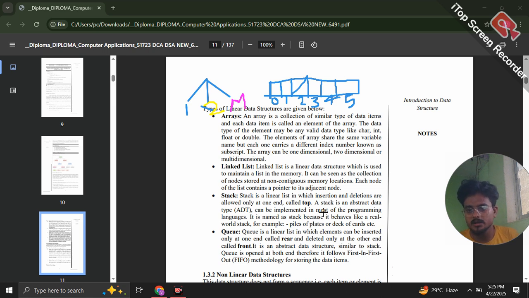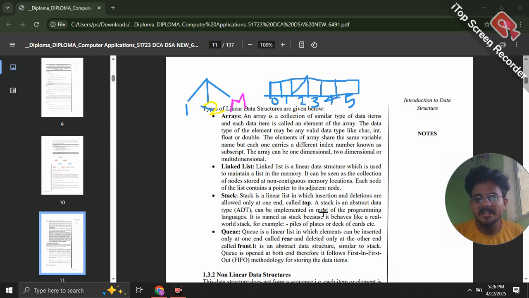Linked list, as it is named: linked means connected to each other, and list, like a list of students when you go to college, your attendance in MS Excel as a list, 1, 2, 3 row by row, with a student's name and these things. So this is linked list.